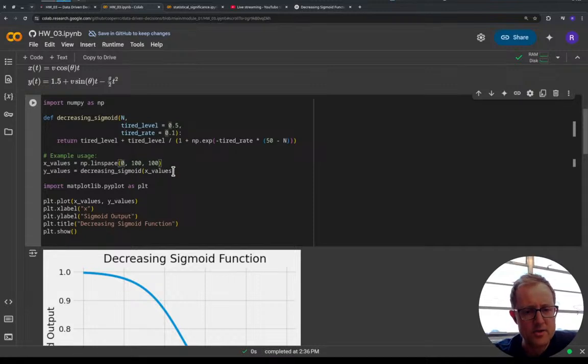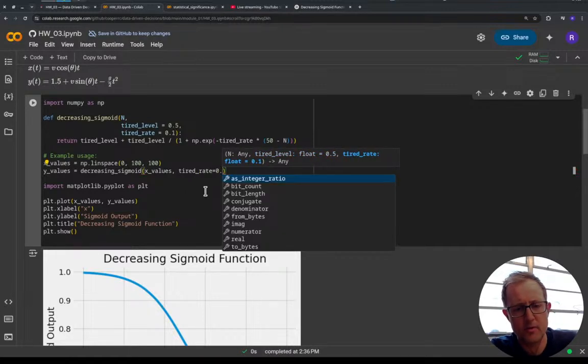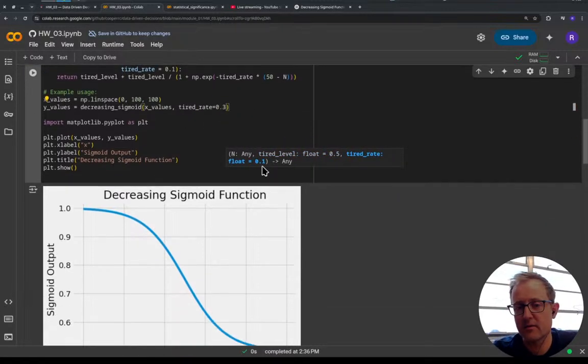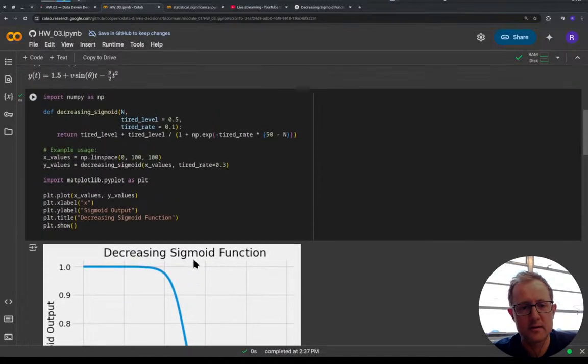Now if I change the tired rate from 0.1 to 0.3, making it 3 times faster, it becomes steeper, where I don't get tired as quickly, but there's a quicker drop off.